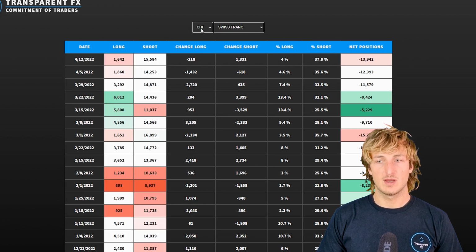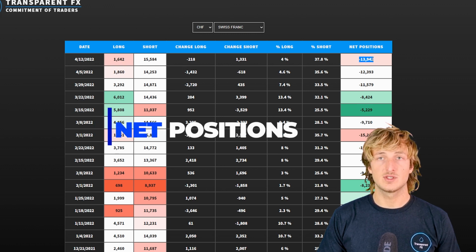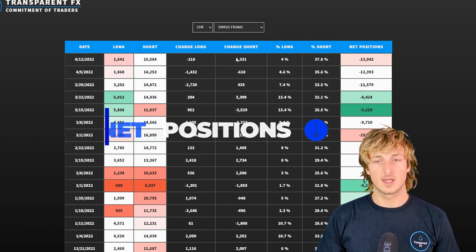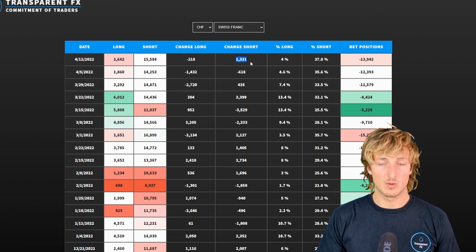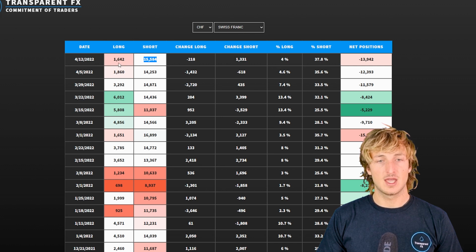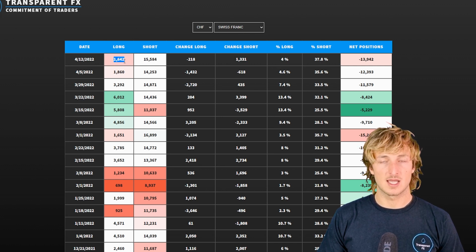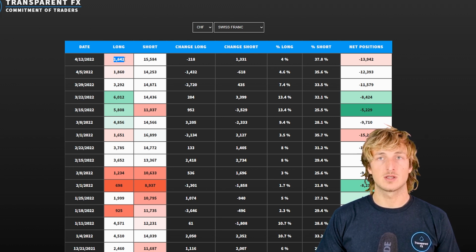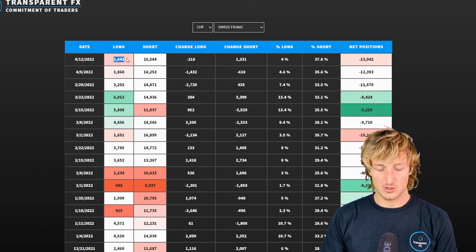And if we go and see what we have on the CHF, we can see how lately the CHF has been getting the net positions decreased, with 1K shorts added with the last report, 1.3K, and 15K shorts compared to only 1.6K longs. Once again, we see that reflected in the price action, the weakness of the CHF and the strength of the AUD.